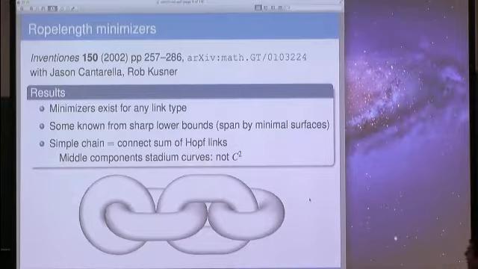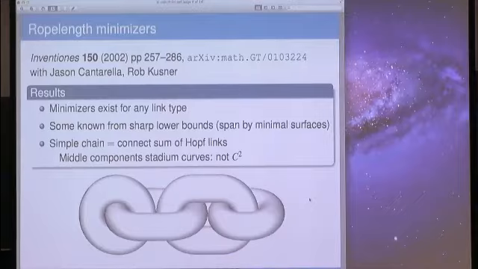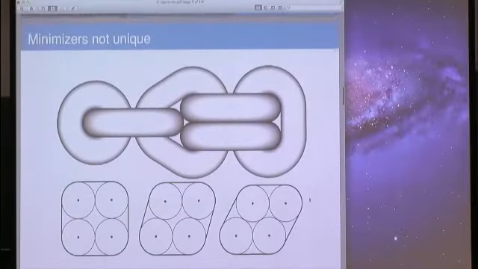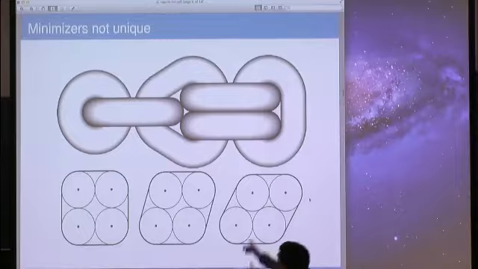And in our theorems there, we had to span each component with a minimal surface to prove that you couldn't do better than this. And in some of the things in our family, the minimizers are not unique. Here's a more complicated thing.